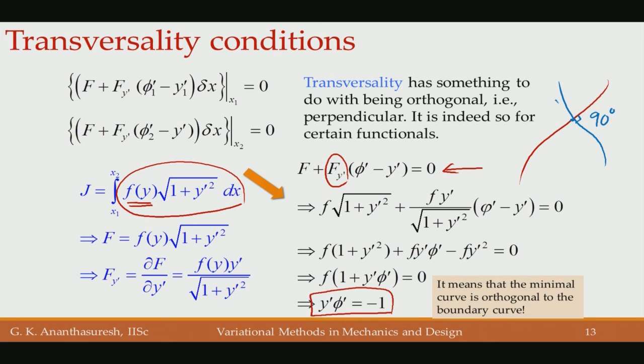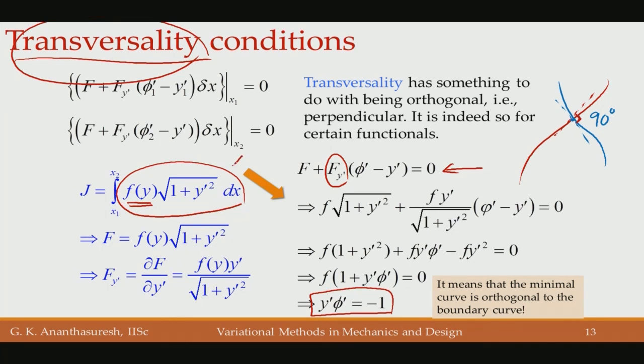We have to draw a tangent to this, and let me draw the tangent to this in its color, tangent to here, between those two we have 90 degrees. So, they are orthogonal, they are transverse to each other, that is where the name transversality comes in.